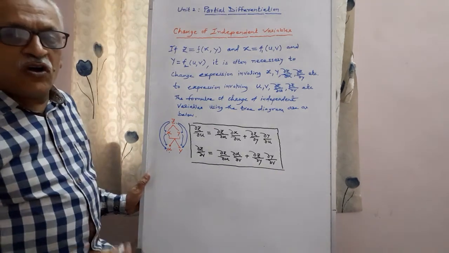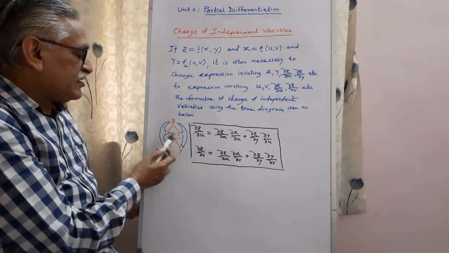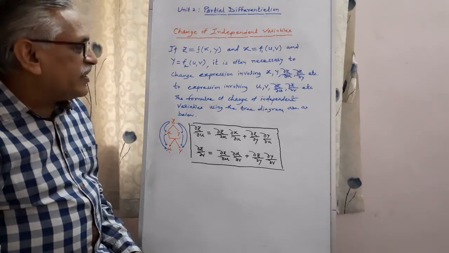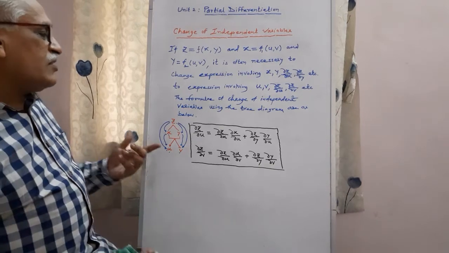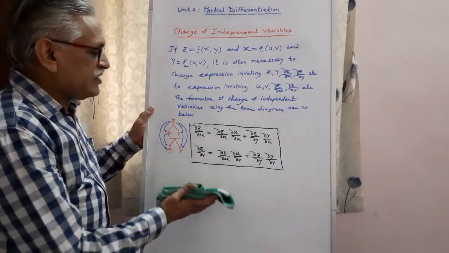Here, all the derivatives are partial as it is a function of more than one independent variable. Then I will solve some examples of first order using this change of independent variable concept.